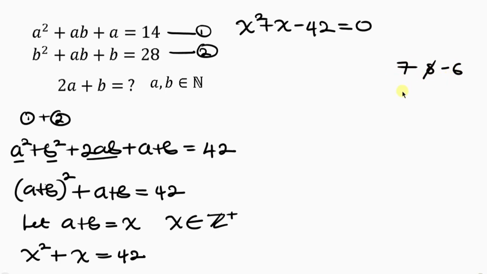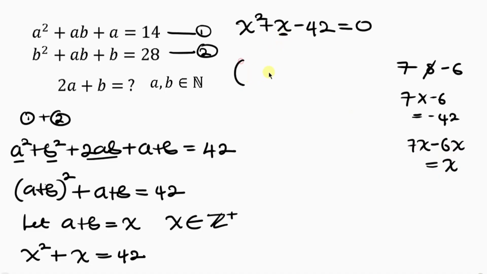Why? Because 7 times negative 6 gives negative 42, and 7x minus 6x gives x, which is the middle item.